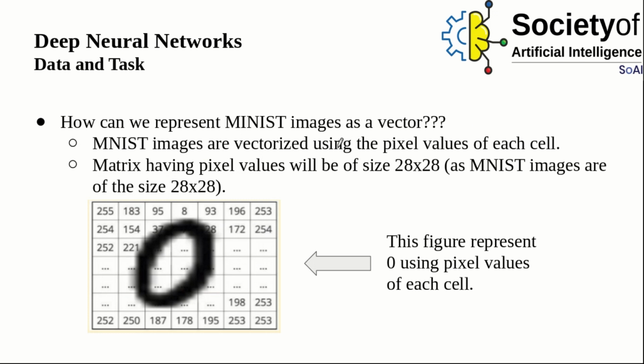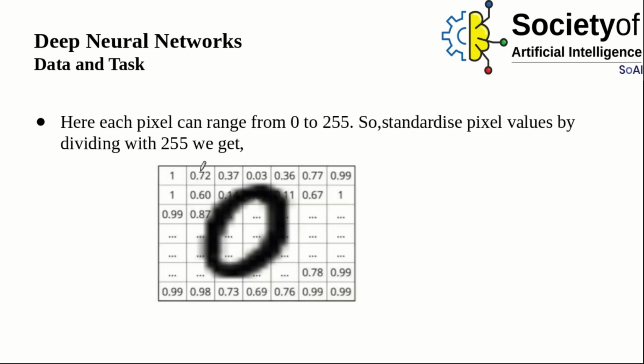MNIST images are vectorized using the pixel value of each cell. So, the matrix having pixel values will be of size 28 by 28, as MNIST images are 28 by 28 pixels. This figure represents the 0 using the pixel value for each cell, as you can see here. Now, each pixel can range from 0 to 255.